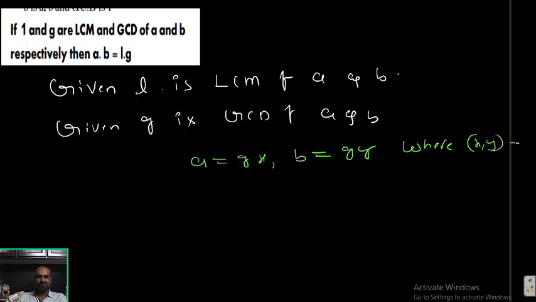Very important theorem, this one. A and B are two numbers whose GCD is G, which means A is G into X and B is G into Y, where X and Y are co-primes, already explained. Okay. Next thing, LCM of A and B, that is GX and GY. Since X and Y are co-prime, the product only is the LCM.